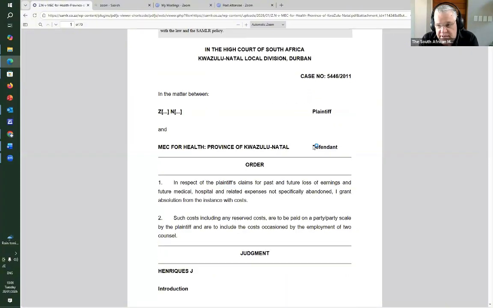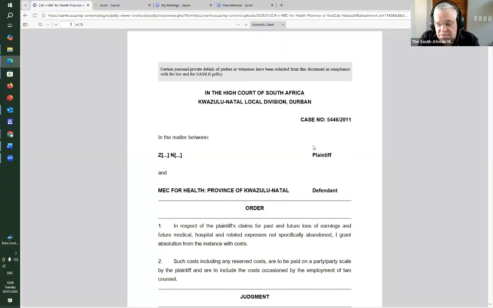But then we've also redacted the names of the experts that were involved in this matter because there are criticisms of those experts. And it's the policy at the South African Medico-Legal Reports not to publish those names unless absolutely necessary. We don't want to embarrass anybody. That's not the style that we adopt. We're trying to help experts; we don't want to embarrass them or hinder their practice in any way. So we have redacted the names.